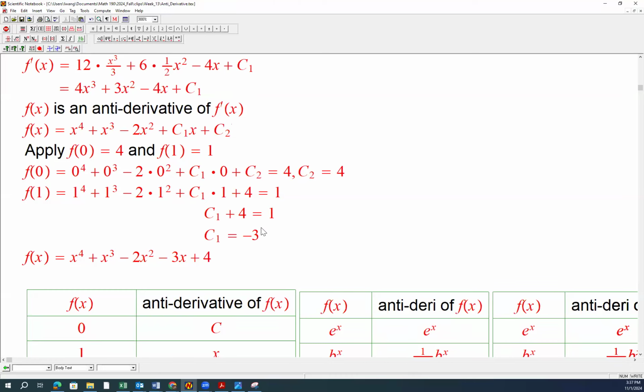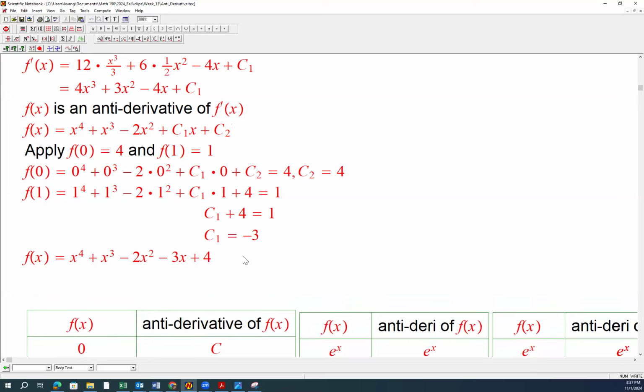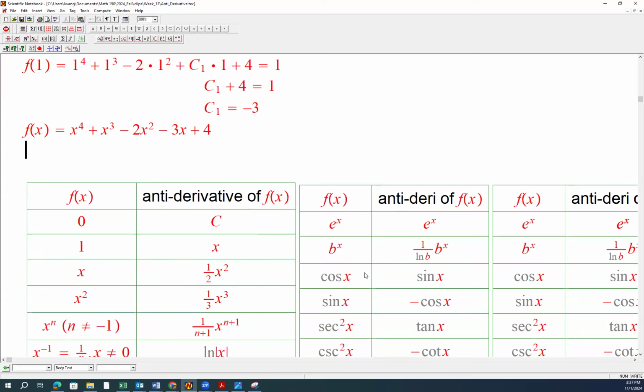And that's finished. Okay, so you can see that's the general steps of finding antiderivatives with additional conditions. So we can determine constant 1 and constant 2, maybe constant 3, according to the additional given conditions. They are usually called initial conditions.